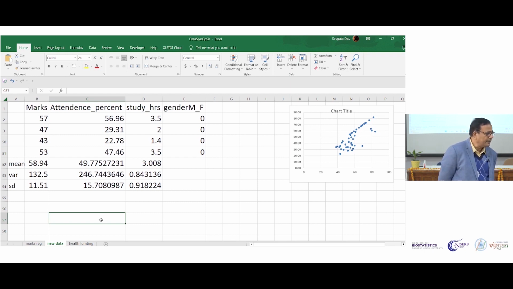Okay, you understand y and x, right? Beta 1 is called the slope of the regression line, and it tells the amount of increase or decrease.